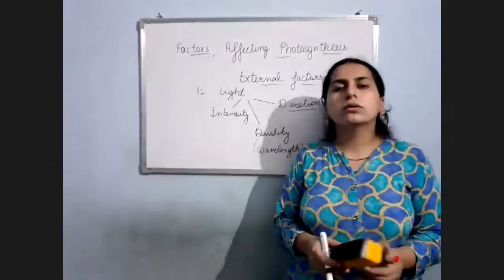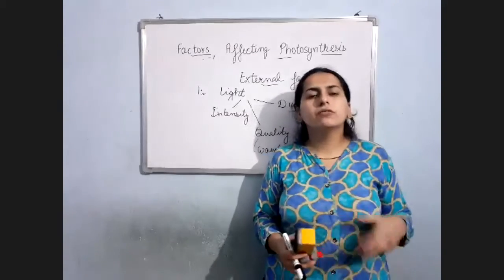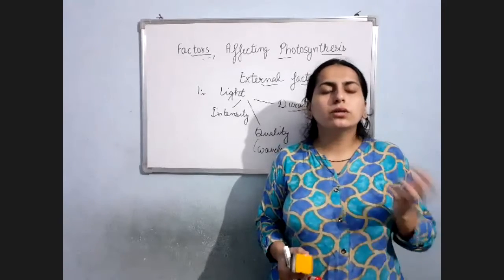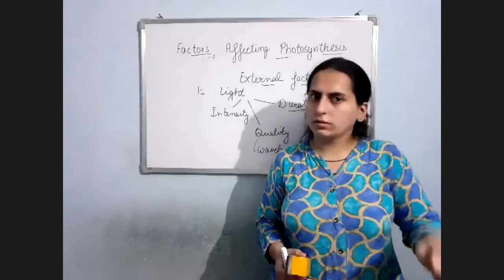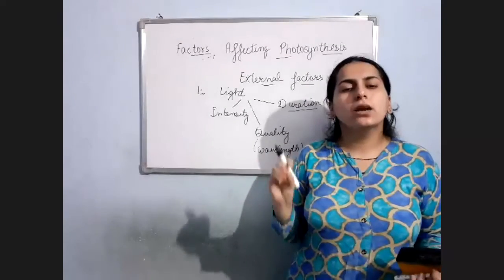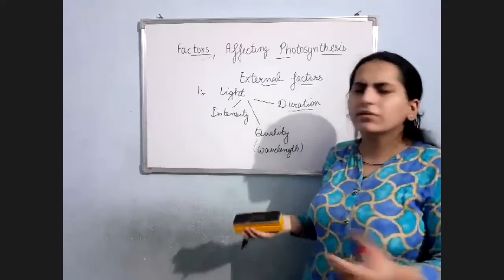If I talk about the intensity, now just think, if the light is more intense, then according to you the photosynthesis will be more. And if the intensity is low, then photosynthesis will be low. This is our general assumption.